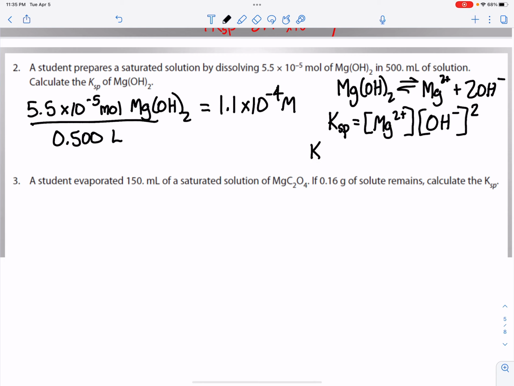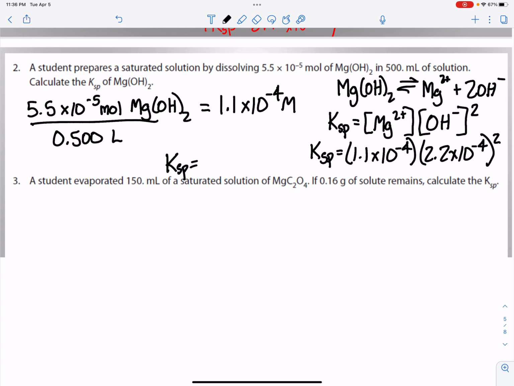When I substitute my values in, the magnesium is a 1:1 ratio, so it's going to be 1.1 times 10 to the negative 4 moles per liter. When I put the hydroxide in, I'm going to have to double it, so it's going to be 2.2 times 10 to the negative 4, and then I'm also going to square it. I do the math and get KSP equal to 5.3 times 10 to the negative 12.